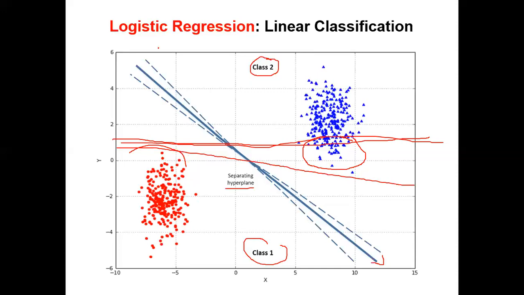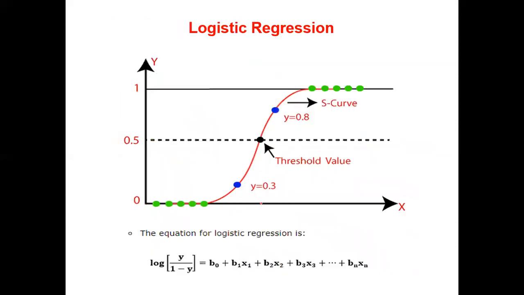The optimization problem of logistic regression says that by changing the slope of the line and checking the number of misclassifications or the accuracy of the model, you can find the best hyperplane that will divide your data set into two classes. I hope you are clear with this, students.